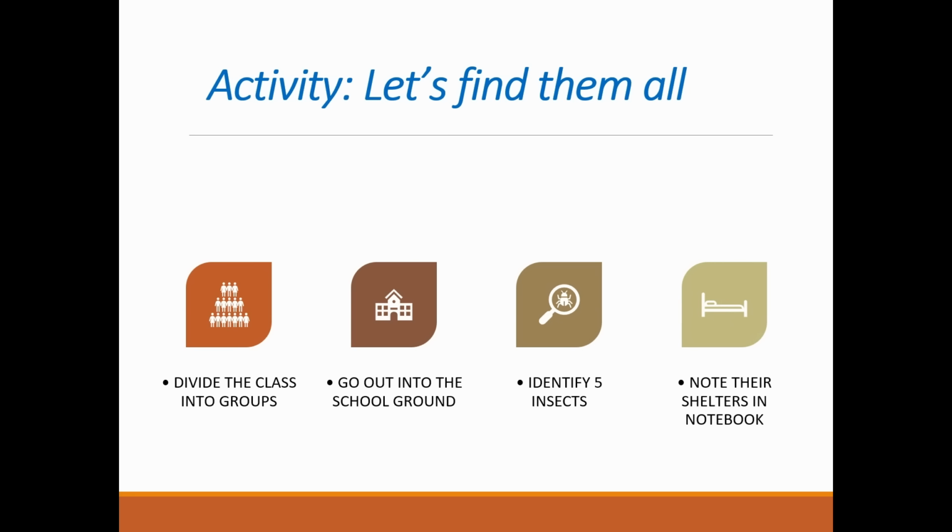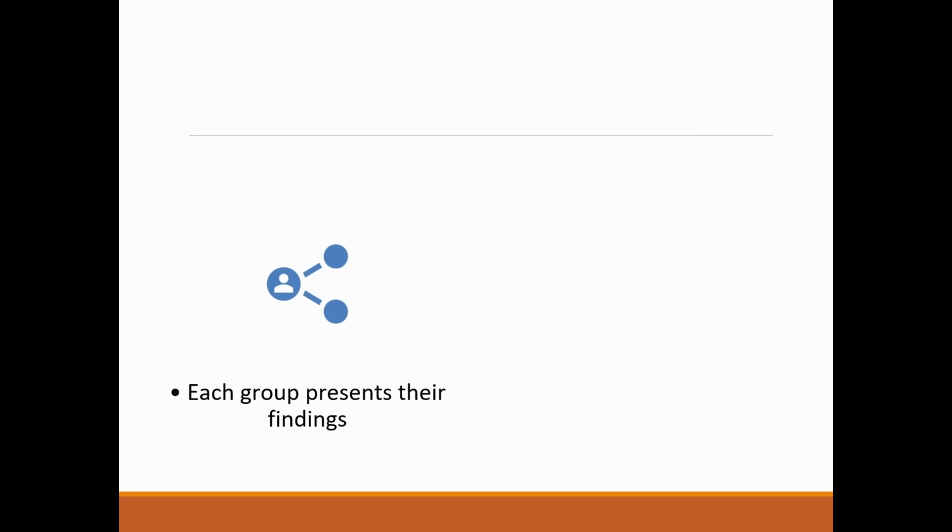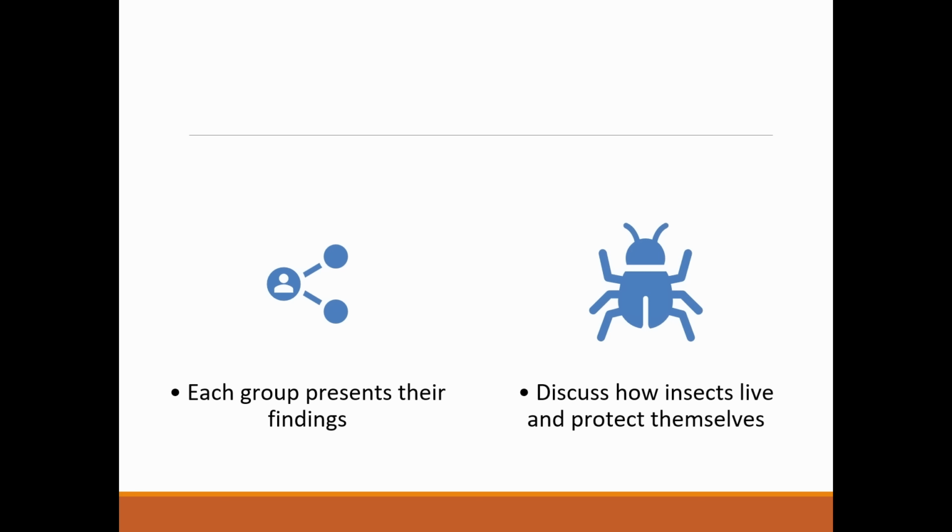So, note their shelters in the notebook. Like this, the teacher can ask the students. Then, what do children do? Yes, each group presents their findings and discusses how insects live and protect themselves.